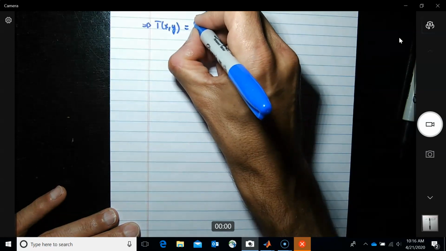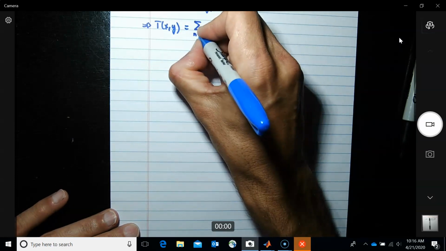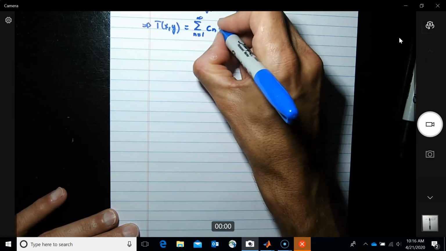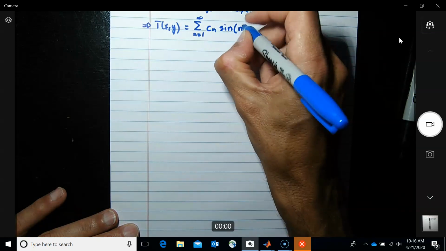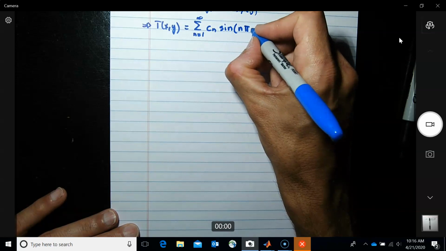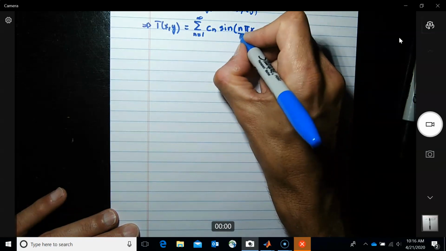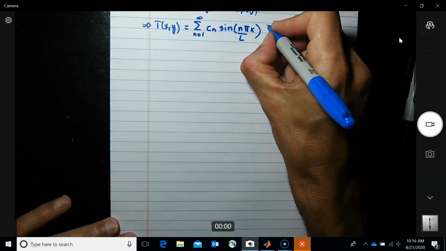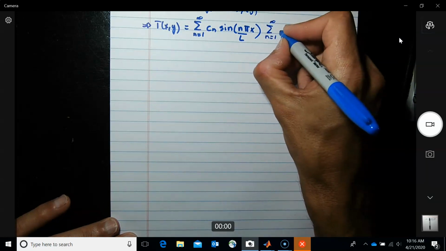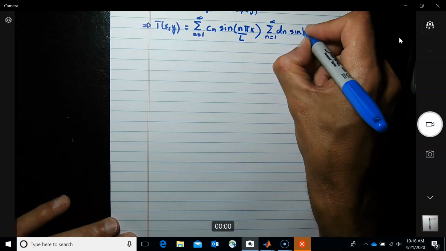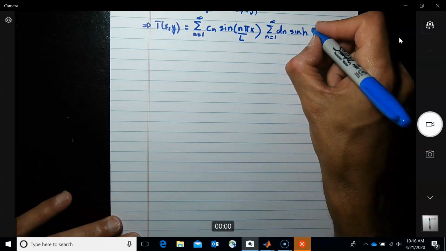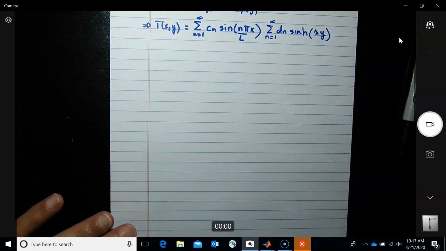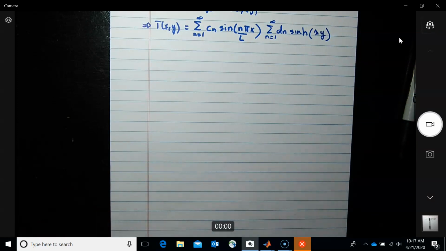So we first do the one for the X of x, which was equal to the summation of n equal to 1 to infinity of c sub n sine n pi x over L. And now we just calculate the other one to be equal to the summation of n equal to 1 to infinity d sub n sinh of lambda y.